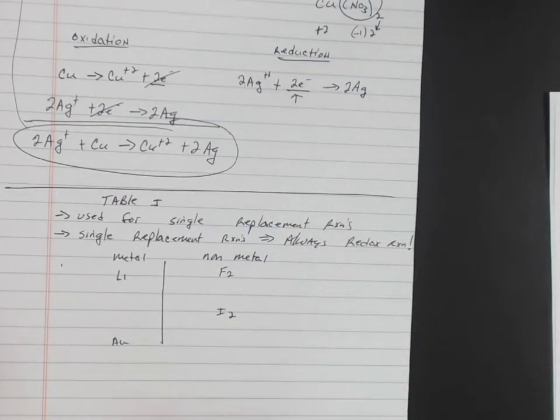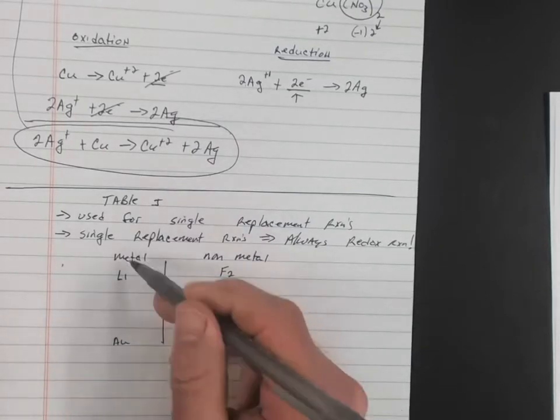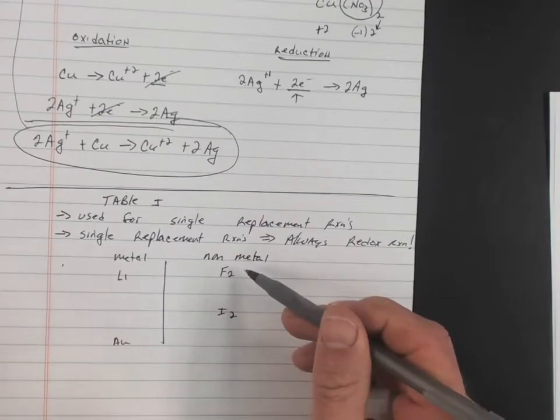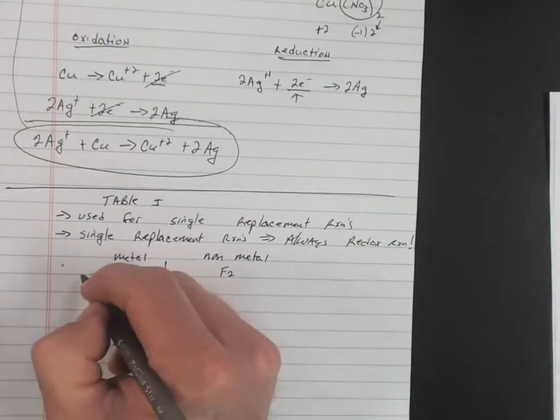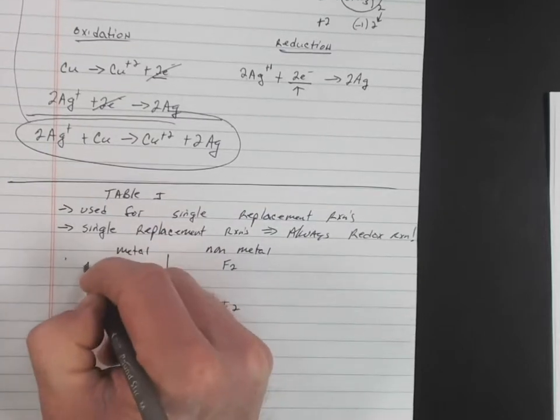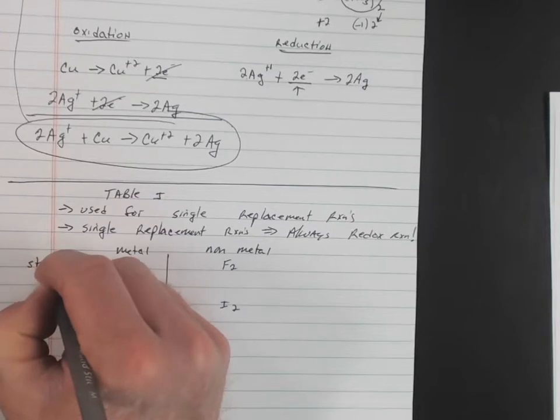What happens here is that in terms of redox, you have a very different thing occurring with the metals and the non-metals. Here's what I mean by that. At the top of your metal column, you have what are called your strongest reducing agents.